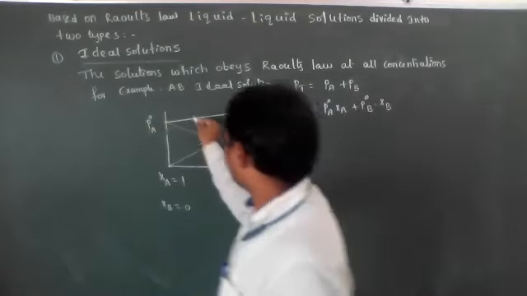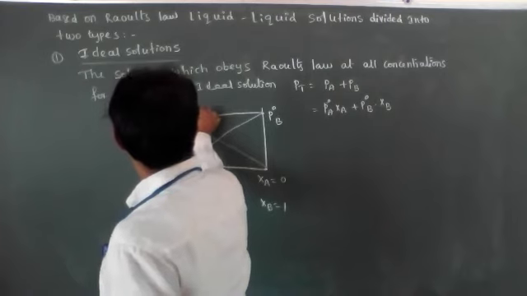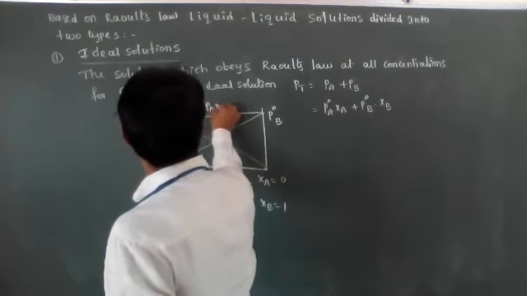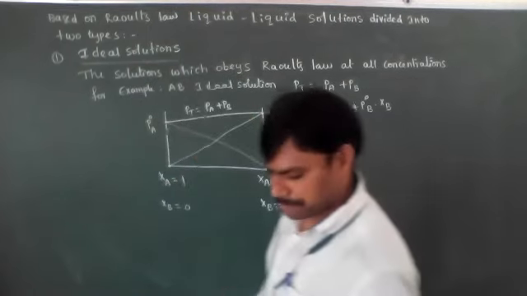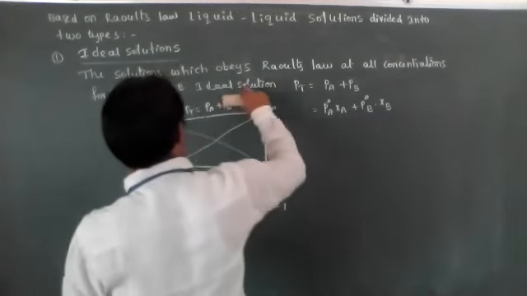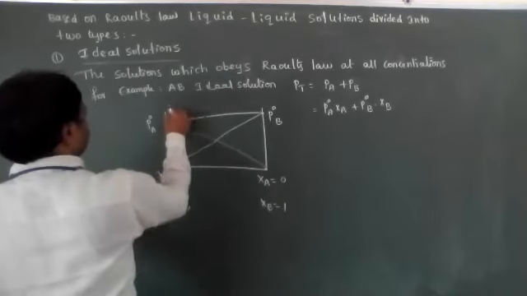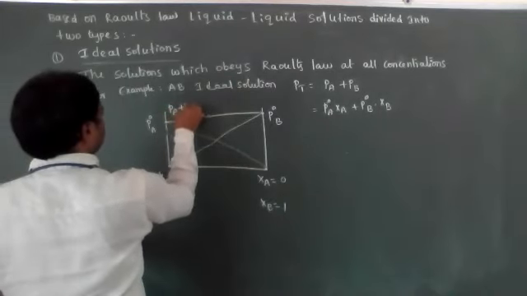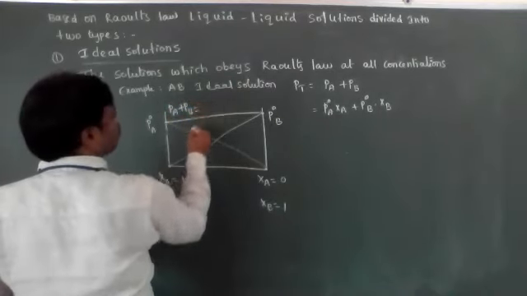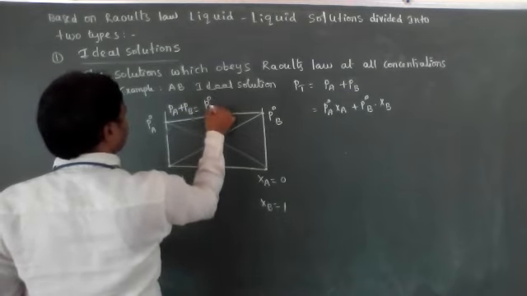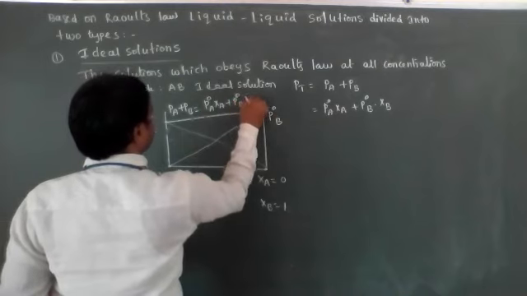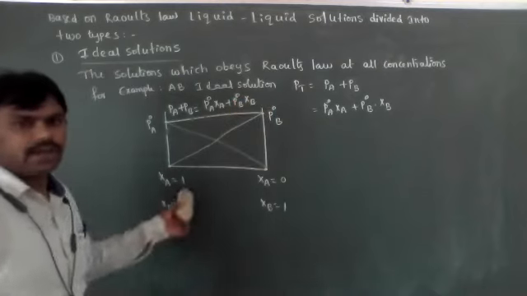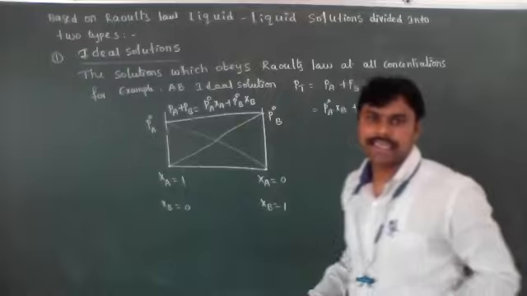Now this line is the total vapor pressure, PT is equal to PA plus PB, which is equal to P naught A into XA plus P naught B into XB. This kind of solution is called an ideal solution.